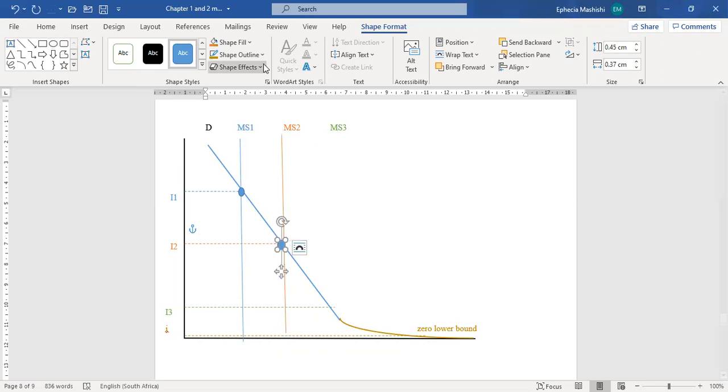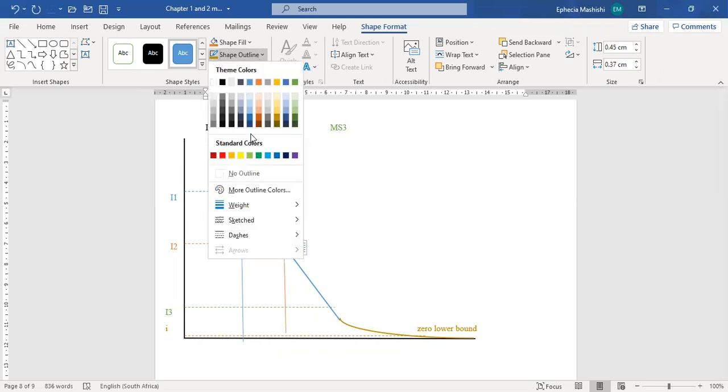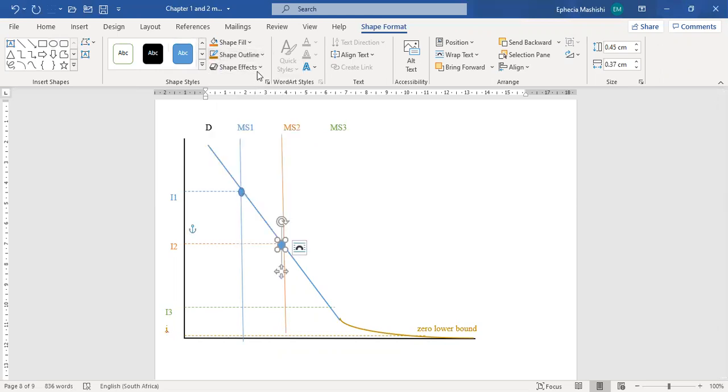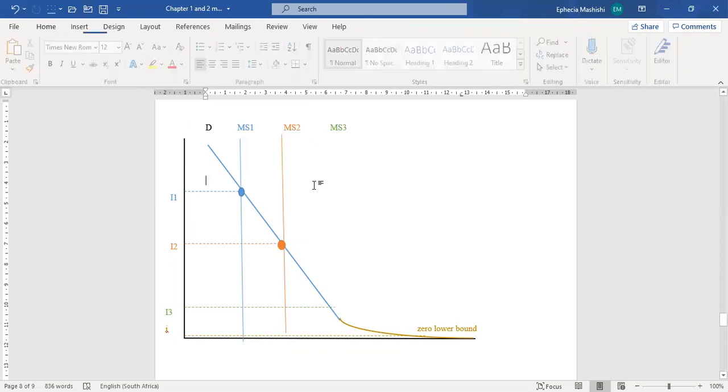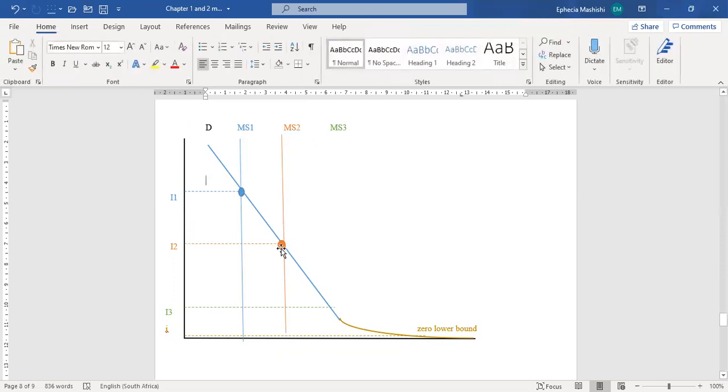So our interest rate would now be at I2.